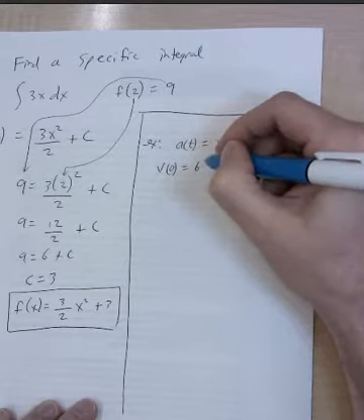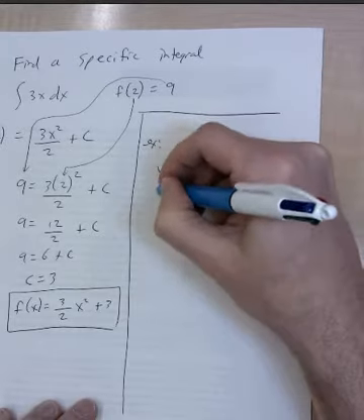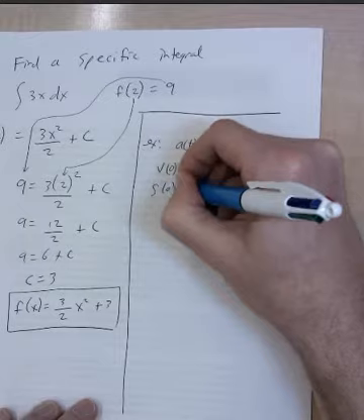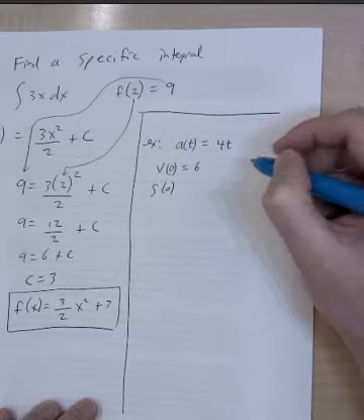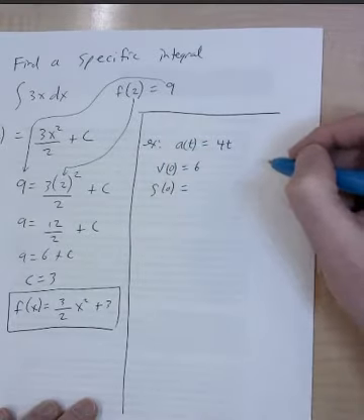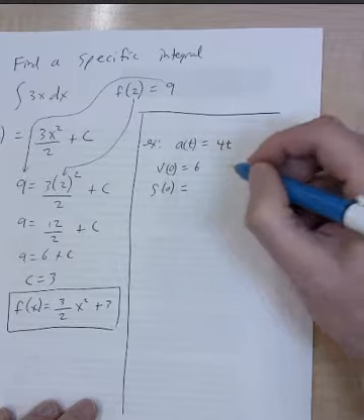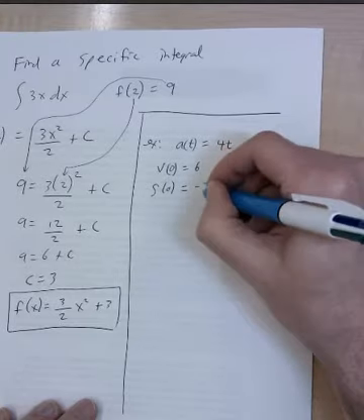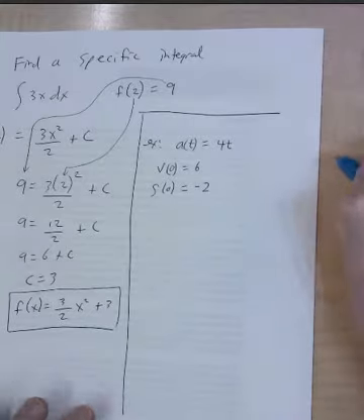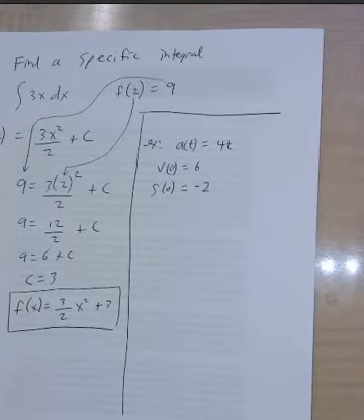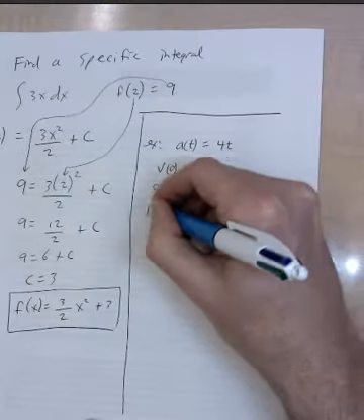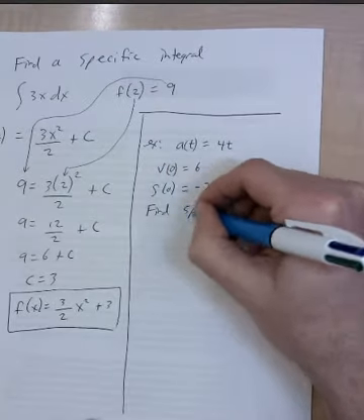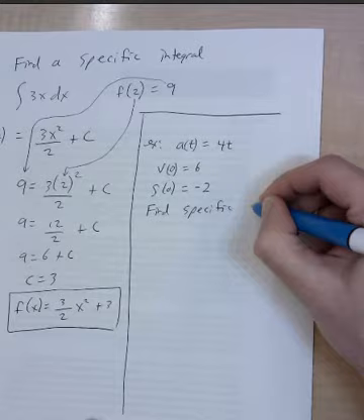And we know that s of 0, remember s is position for reasons that are unclear to everyone in the world, s of 0 is negative 2. So we're 2 feet behind the starting line. Okay. All right, so we want to find the specific position function.